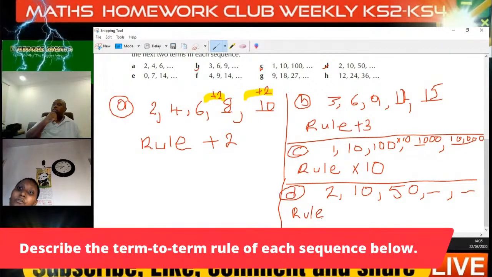Well, times. Times by what? I need to get from 2 to 10. What do I need to times by? Good attempt, but what do I need to times by? What's 10 times 2, Denzel? 20. So it cannot be.